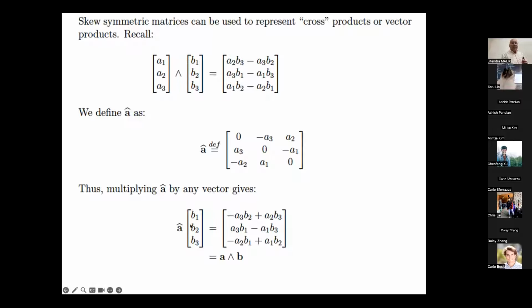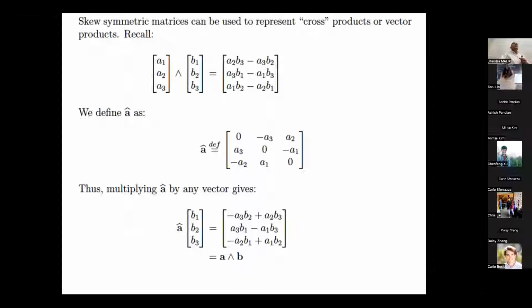This matrix A hat is multiplying a vector B. I multiply this matrix with this vector B1, B2, B3, and I'm going to get this result. A 3x3 matrix multiplies a column vector, so you're going to get a 3x1 column vector, and that's the column vector here. And this column vector looks the same. In fact, it is exactly the same as that column vector at the top corresponding to a cross product.